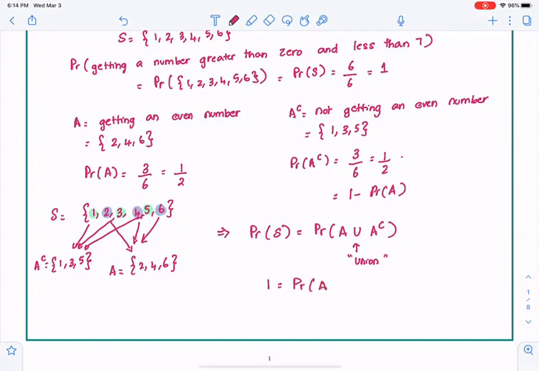So the probability of A union A complement would simply be equal to 1. And once I write the addition rule, we can revisit and split this up and write a different property here. So that is what we call the complementary rule.